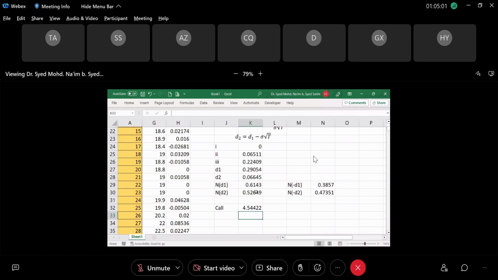So the price of the call option is 4.4% according to Black-Scholes.